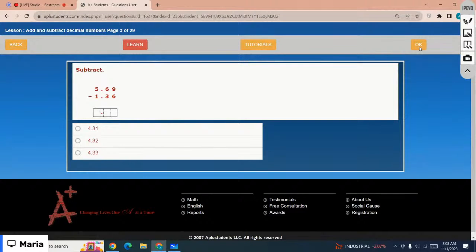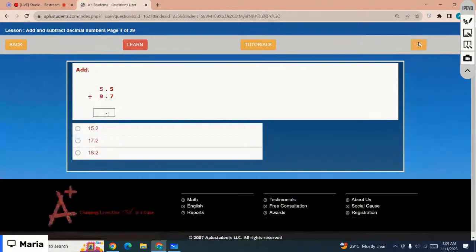Okay, which is the correct option? The correct option is 4.33. Option number 3 is the correct option. Very good.